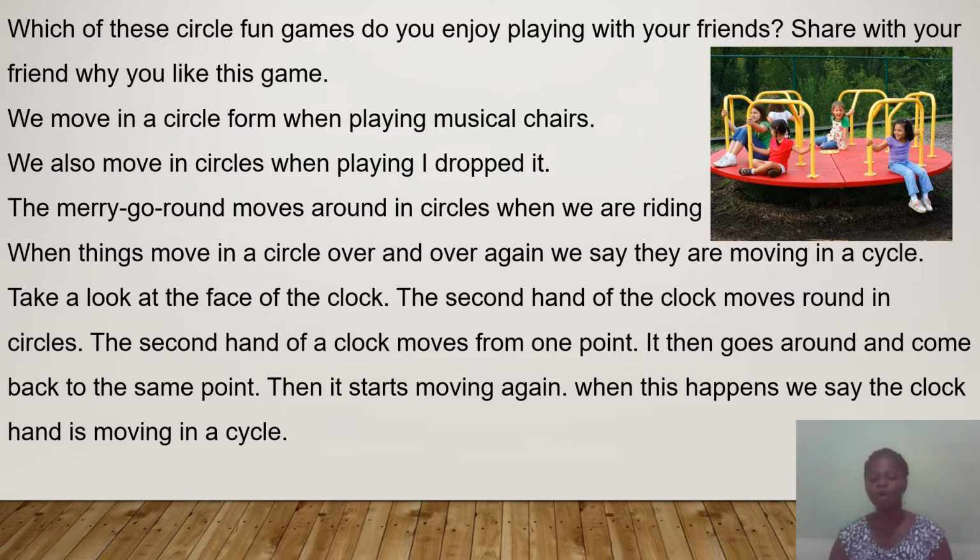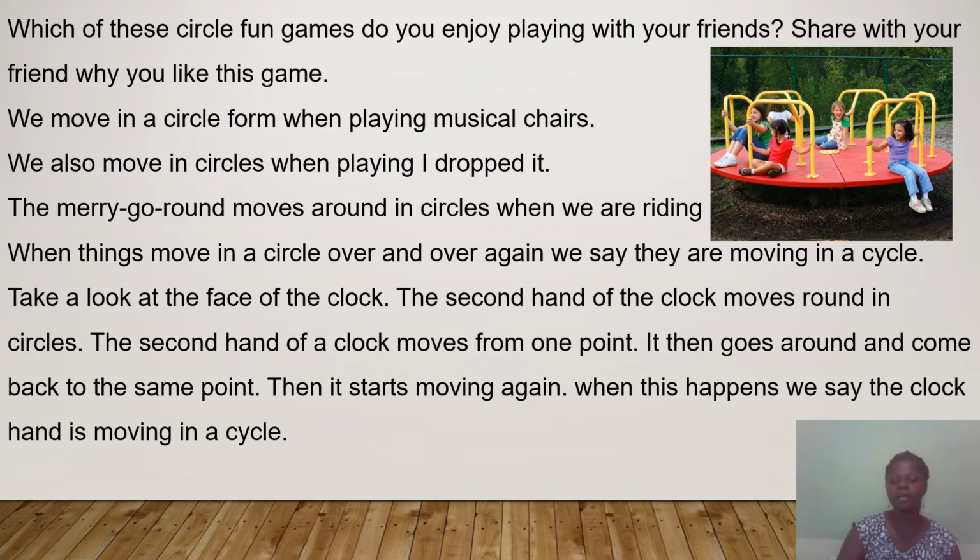When you look at the wall clock, the second hand of the clock moves around in a circle. Okay, it moves from one point to the other. It then goes and comes back to the point that it started. Alright, so if it starts at 12, it will go 1 2 3 4 5, then come back to 12 again. Okay, it means that it is moving in what?